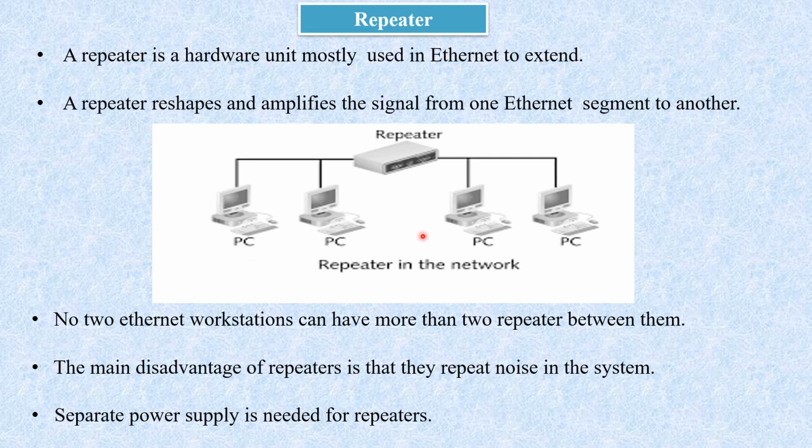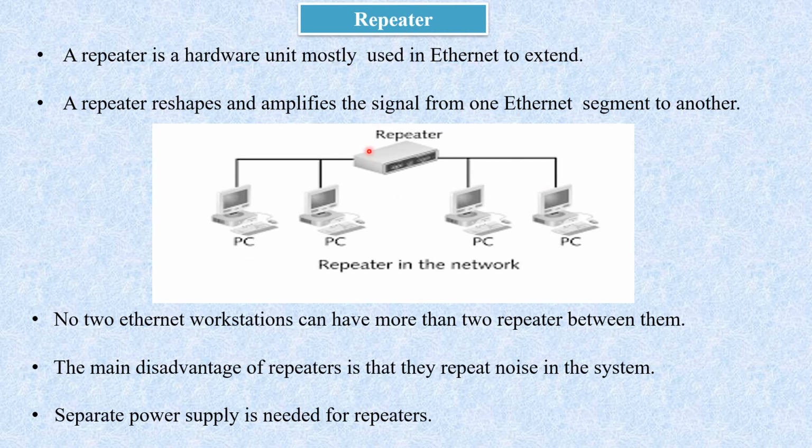Repeaters take the signal they receive from the network devices and regenerate it to keep it intact during the transmission through the physical environment. That is the function of a repeater. A repeater is a hardware unit mostly used in Ethernet to extend the cable.